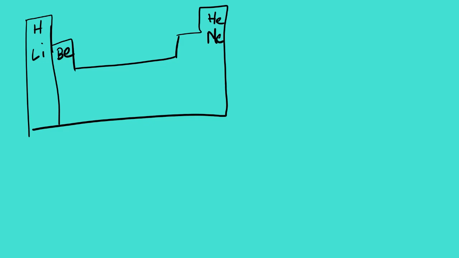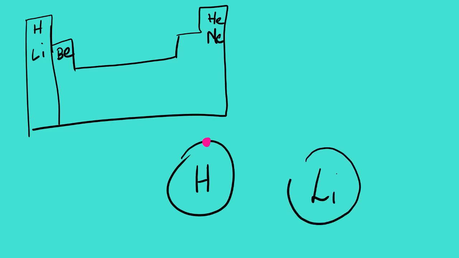Now before we look at the Lewis dot diagram, we need to look at how to represent an electron diagram. Now for hydrogen, we know that it has 1 electron because it's element number 1, its atomic number is 1, so it has 1 electron, 1 proton. We look at lithium, it's element number 3.